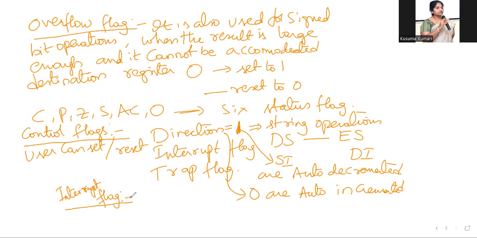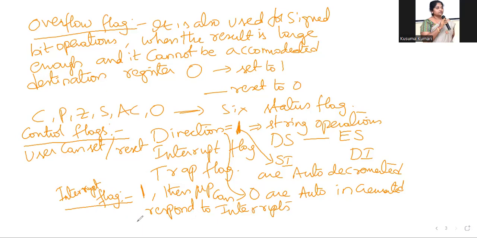If the interrupt enable flag is equal to 1, then the microprocessor can respond to interrupts, that is, it will accept the interrupt.